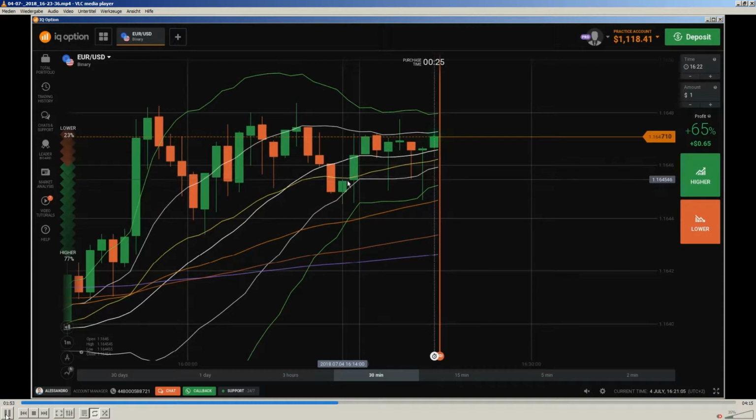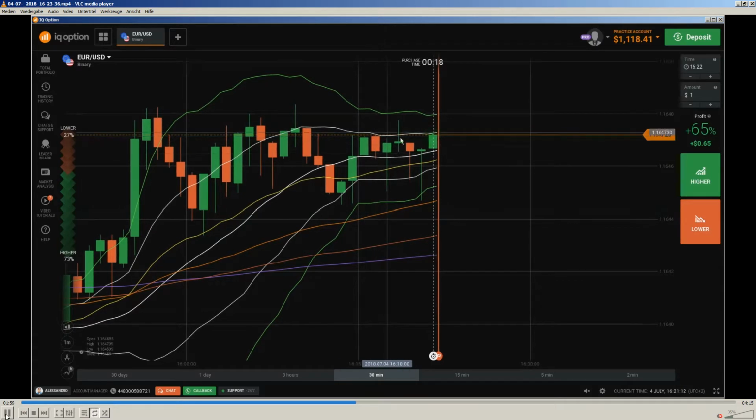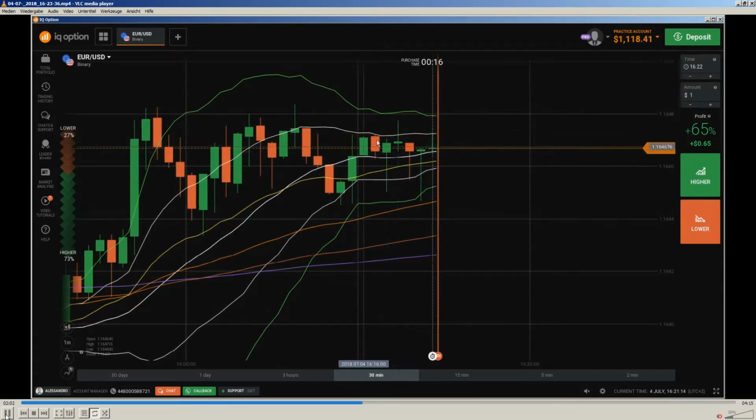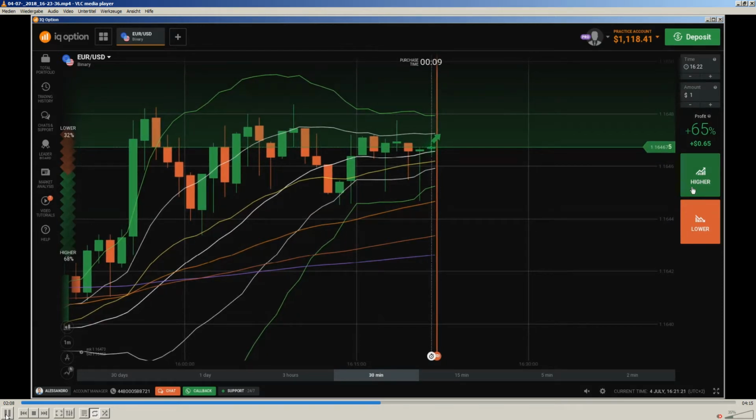First of all, I wanted to enter into a put, but then I understood from the complete behavior of this running candle, let me see, that I should get a better entry point to do a call, because I understood that price was not going deeper.